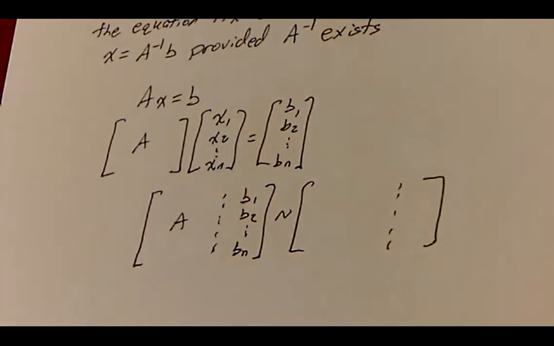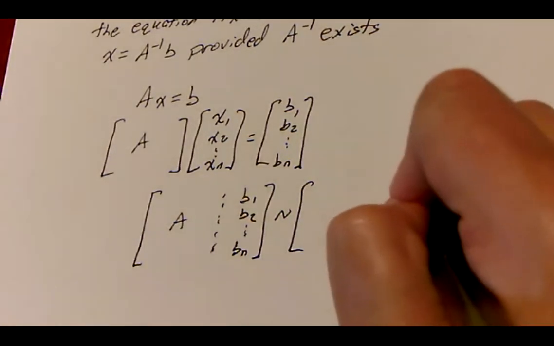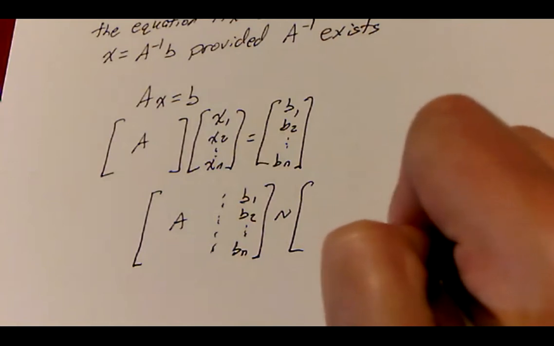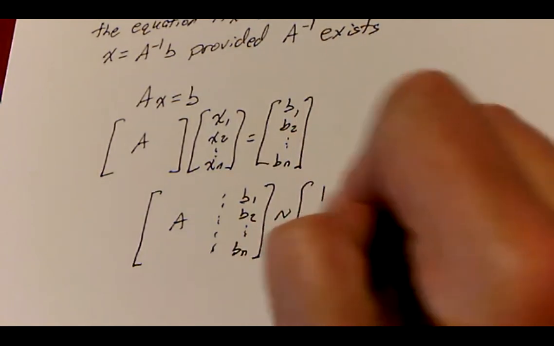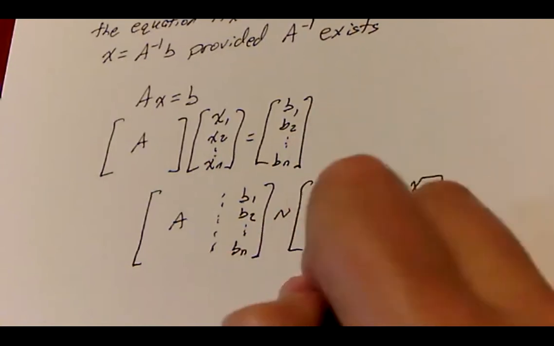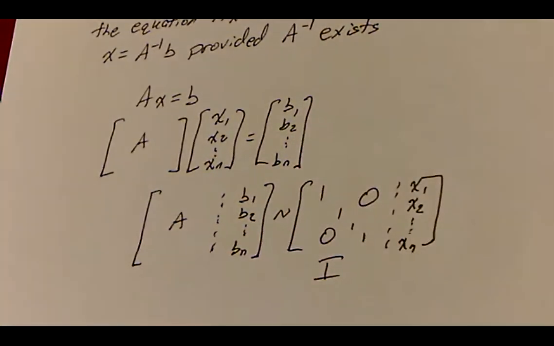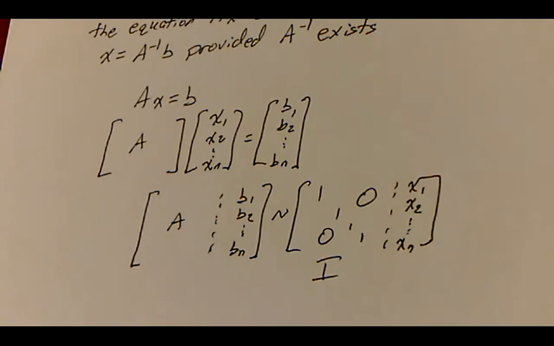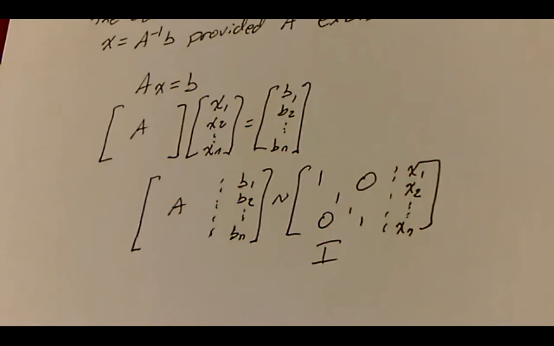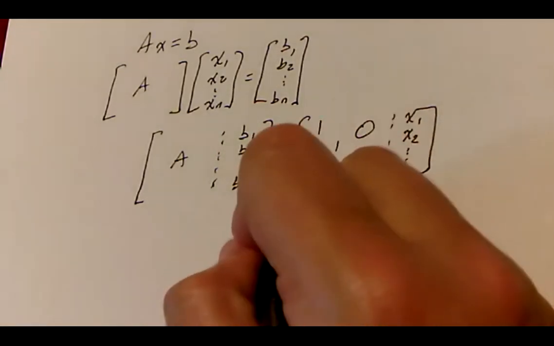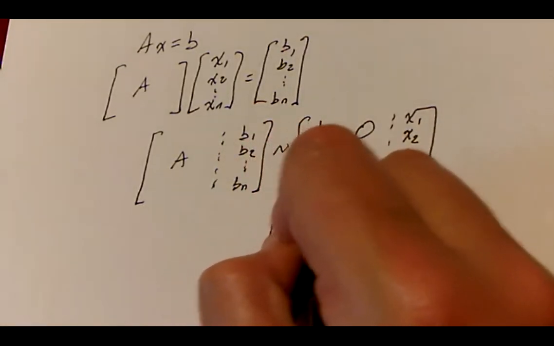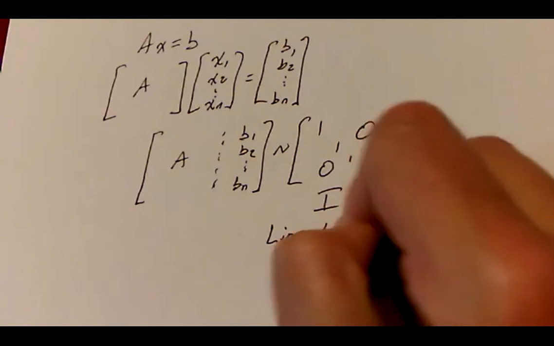If I have a unique solution, then I get the vector x here with the identity matrix on this side. That is my identity matrix. I also know from chapter 1, specifically section 1.5, that if this is the case, then the vectors are linearly independent.